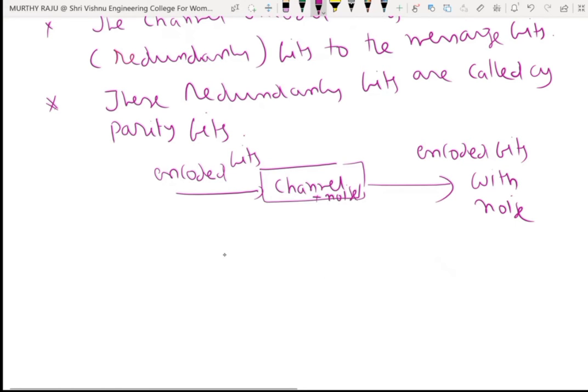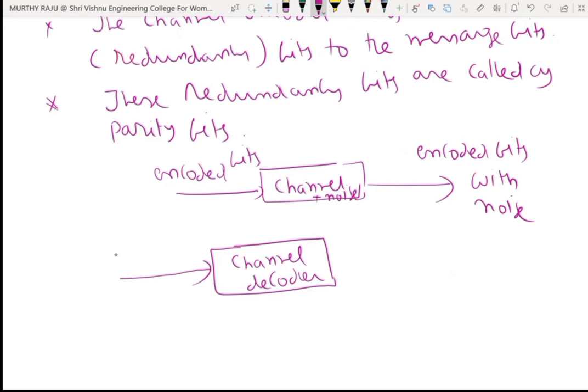Next, channel decoder. These encoded bits with noise are applied to the channel decoder.